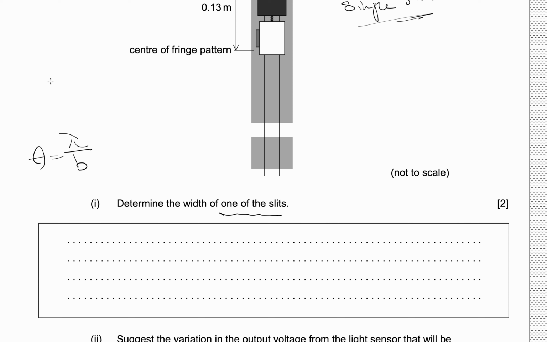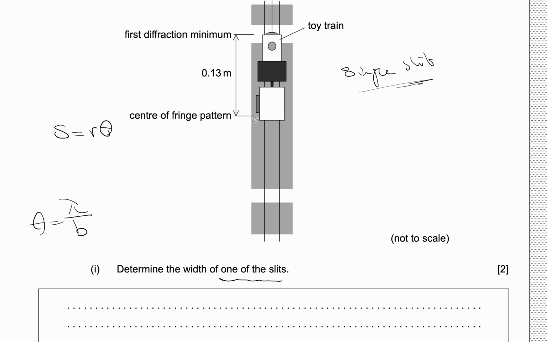I was thinking maybe we can use s = Rθ, because s over here is similar to, if you remember, the examples of resolution. So you can say s = 0.13, and you have your R as well, which is 5 meters.